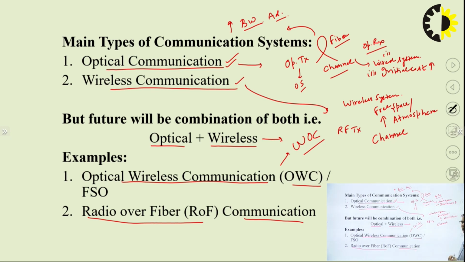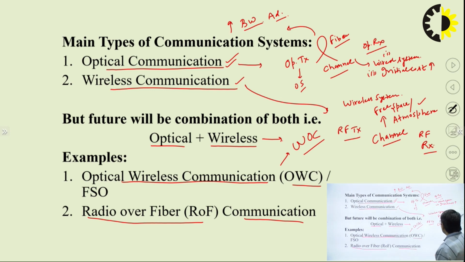Okay, then in the receiver side we have the RF receiver. Okay, so these are the main parts of the wireless communication system, that is we have a RF based transmitter, then atmosphere or free space as the channel, and then we have the RF receiver.